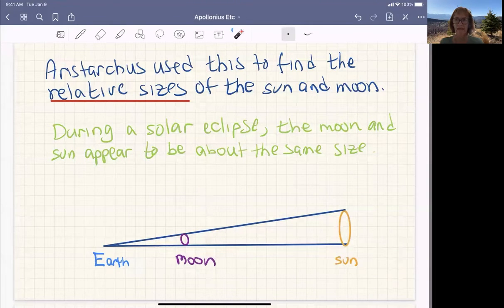And again, it's way off just because of his error in measurement. So this distance versus this distance is going to be a factor of 20. And so therefore, this height to this height will also be a factor of 20.